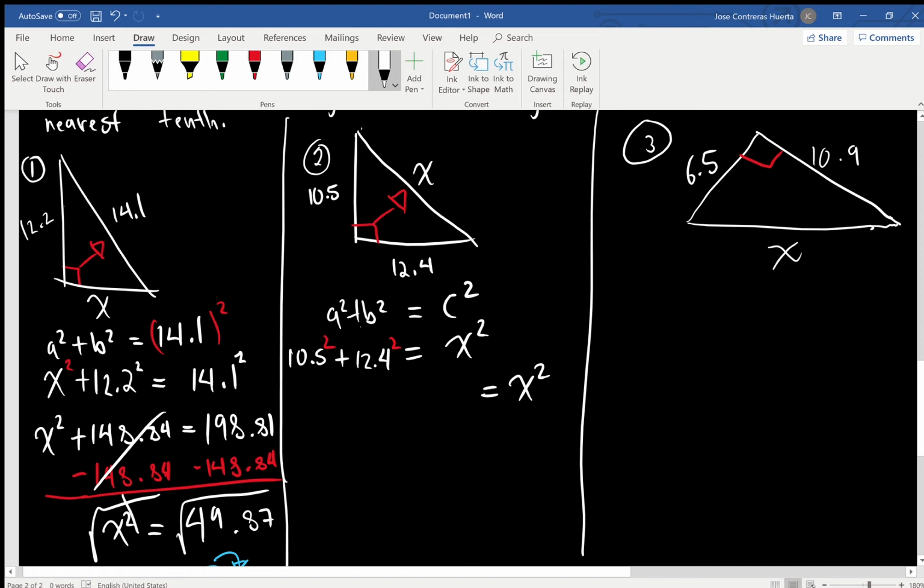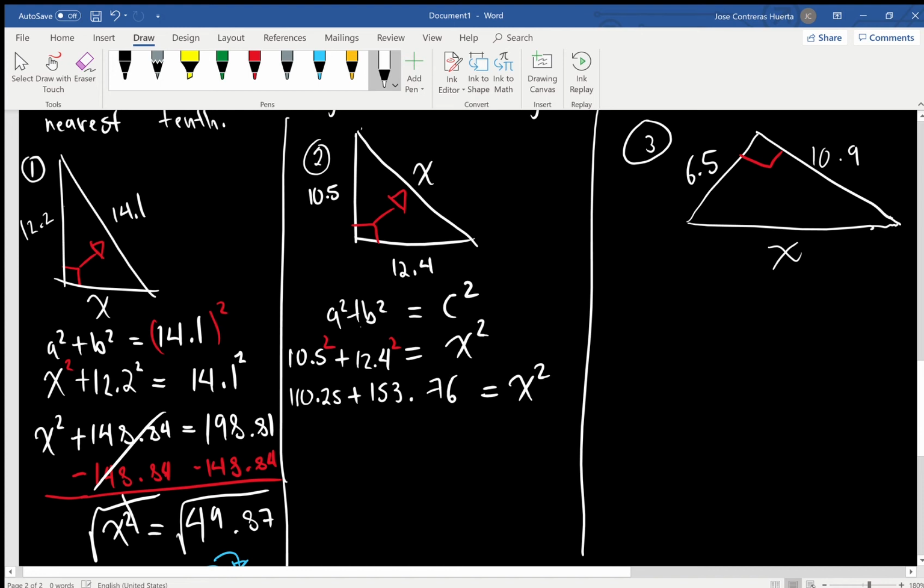So I'm going to put 10.5 on the calculator, and I get, let's see, 10.5 squared gives me 110.25, plus my 12.4 squared. Put that in the calculator and I get 153.76.